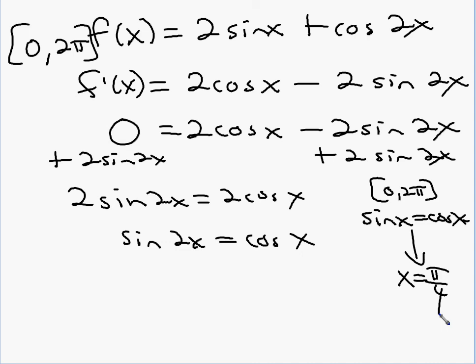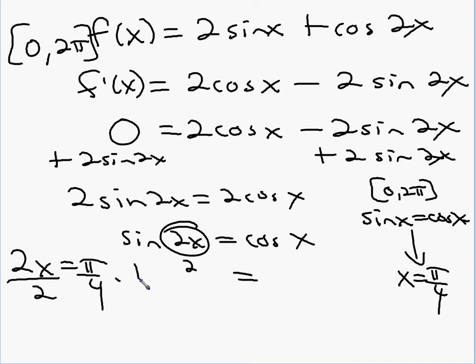Okay, so this thing right here needs to work out to be a pi fourths, right? So in reality what you do is you set 2x equal to pi fourths and solve it. So that value would be x equals pi eighths.